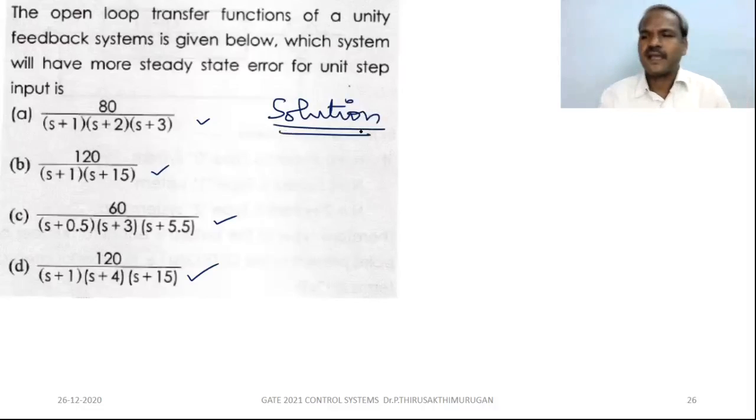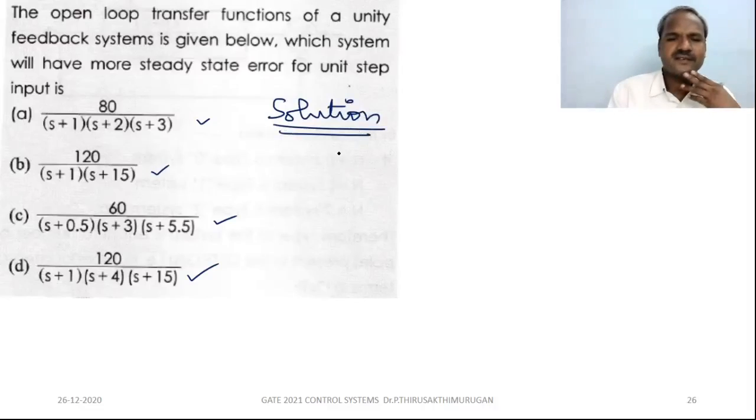So which system has more steady state error? First, let us check with the first system.